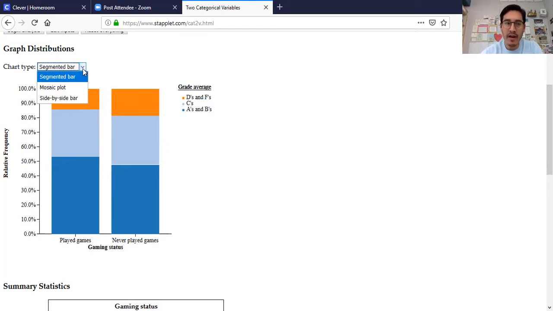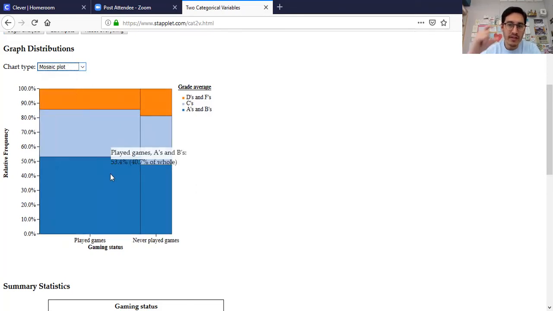The other options we have, we can make a mosaic plot, which preserves the height of each of the colored segments, but the width is changing based on the size of the group, right? So you might recall that there were almost 1,400 boys who had played games, and there were only about 400 boys who had never played games.